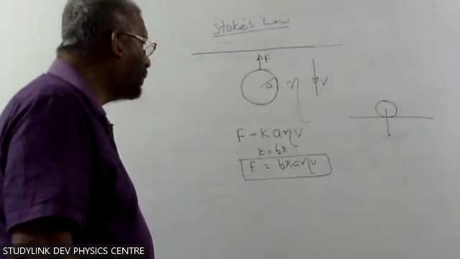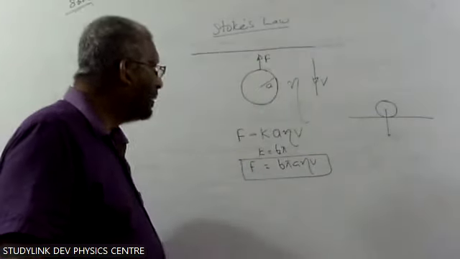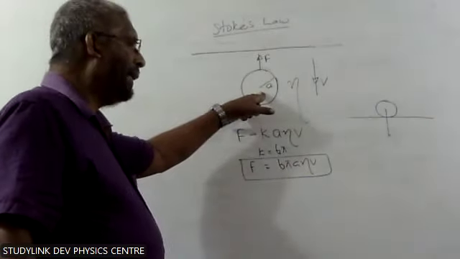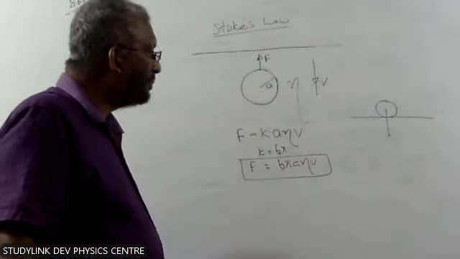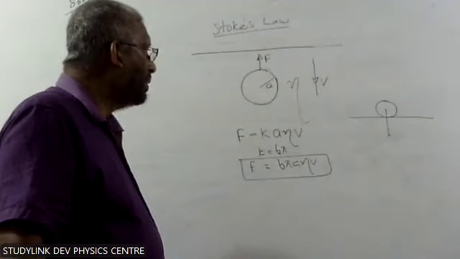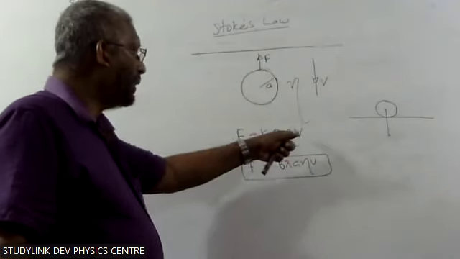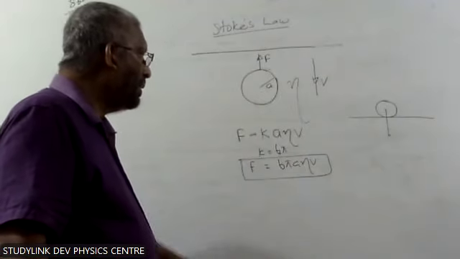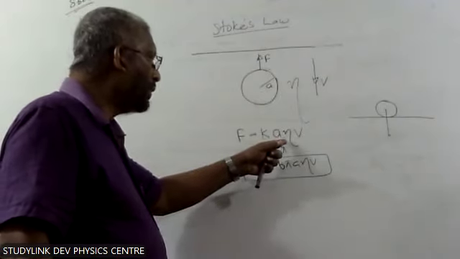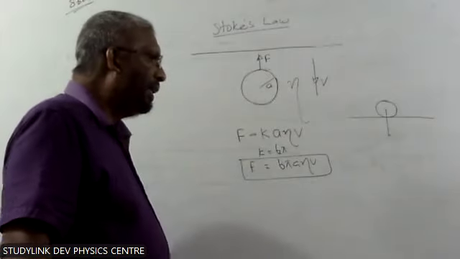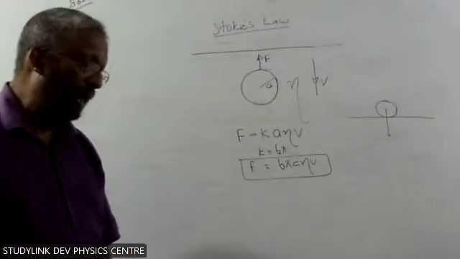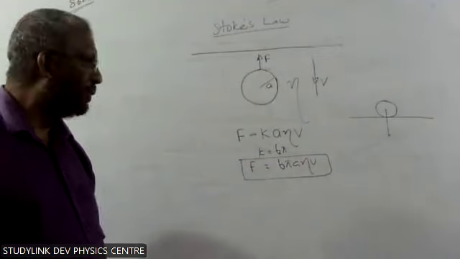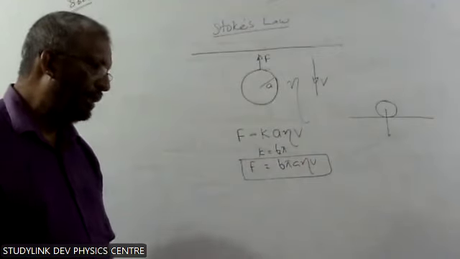This frictional force depends on the radius of the sphere, the velocity of the sphere, and the coefficient of viscosity of the medium, that is liquid or air according to the situation, or any gas.